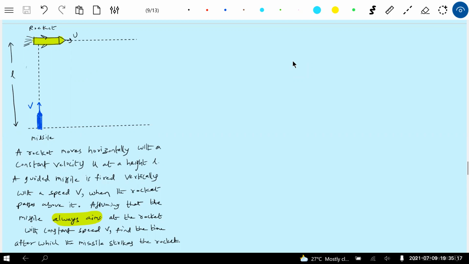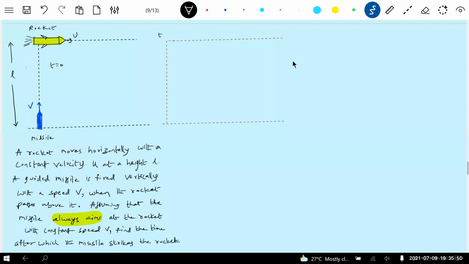Let me start the discussion. So here, initially at t equals 0, both were here, no? This situation is at t equals 0.